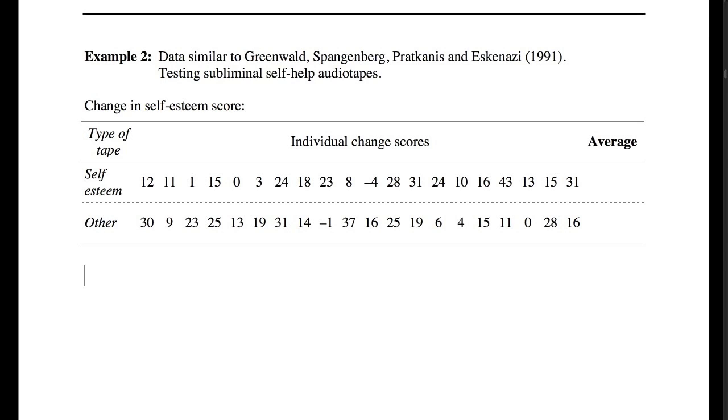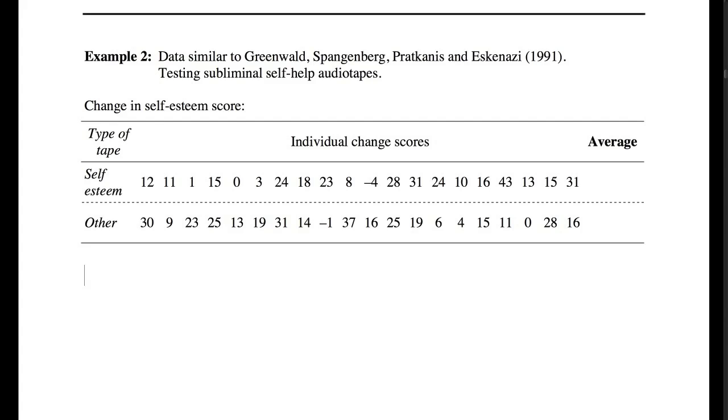And as in our opening example, they had to have some kind of way of measuring people's self-esteem. And there are fairly well-established ways of doing this. For instance, there are questionnaire measures that have several questions and give you a score. And what you see here are the change scores. In other words, how much somebody's self-esteem has improved from before they started using the tape until after they used the tape.